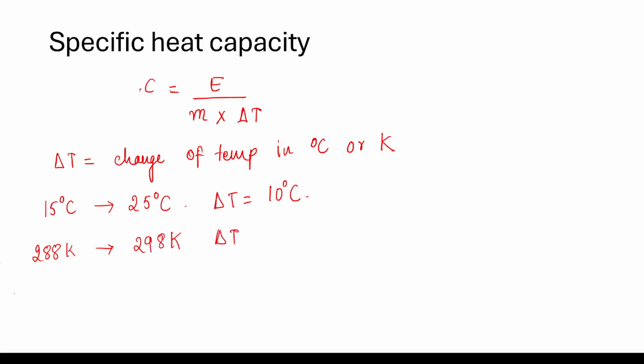So the change of temperature is 10 Kelvin. So the change of temperature, whether in Celsius or in Kelvin, is the same. So it does not matter in specific heat whether you have the value in Celsius or in Kelvin, because the answer will still be the same.